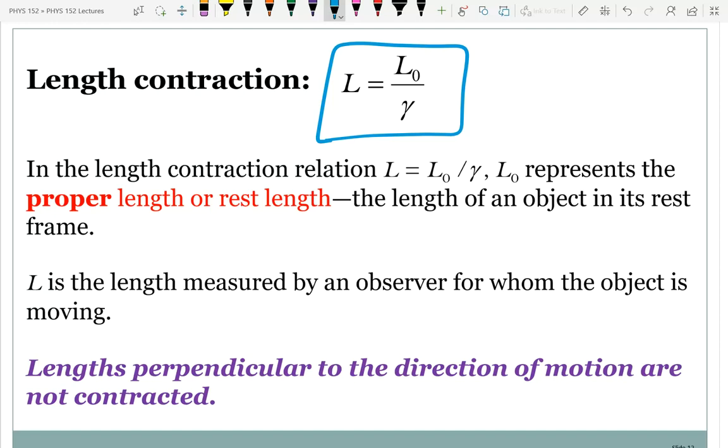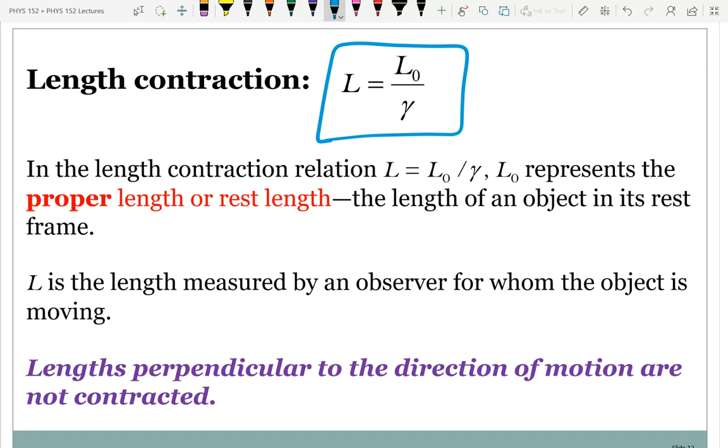I'm measuring the proper time for the trip because my clock will be at the starting point here in Lincoln, the ending point in Omaha, and the clock stayed stationary. But somebody on Earth would measure the proper distance, the proper length for that trip, because the starting and ending points are fixed on Earth and stationary. So you have a different reference frame for the proper length as you do for the proper time.